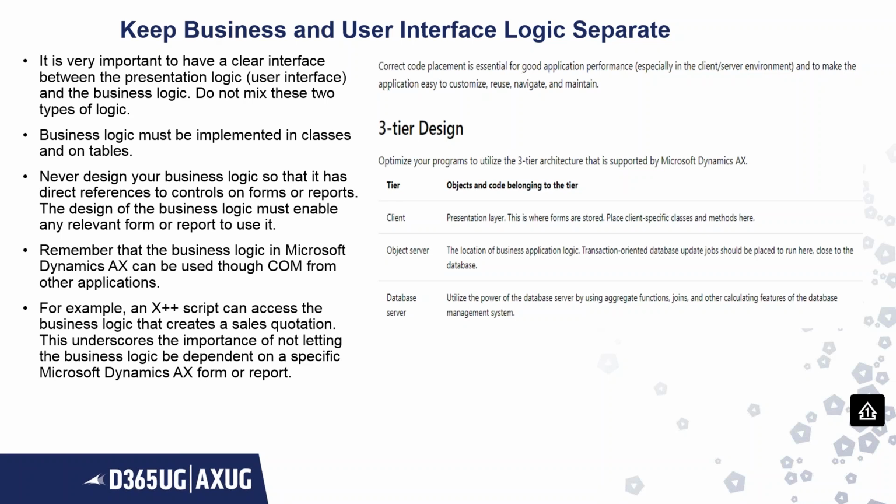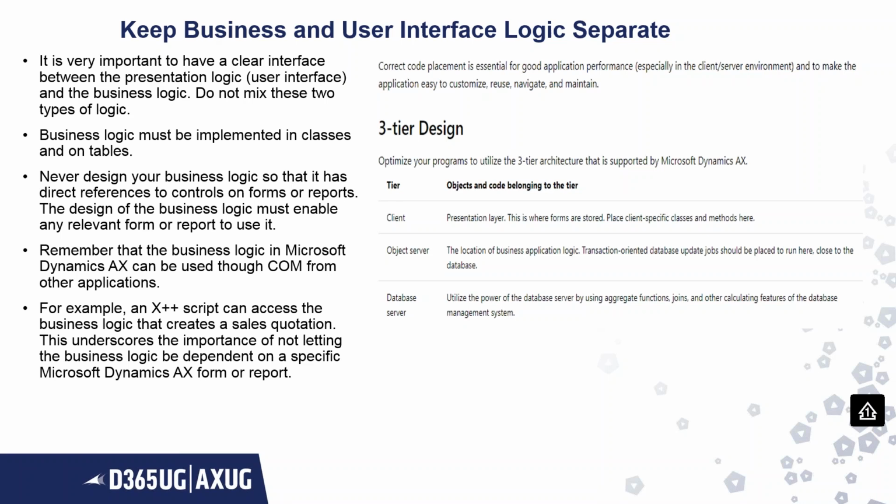But the presentation layer, what the user sees, is the client. The user is not aware of what's happening in the background. Only the developers or the system administrators know that in the background we have an object server and a database server. But the presentation is always in the client.